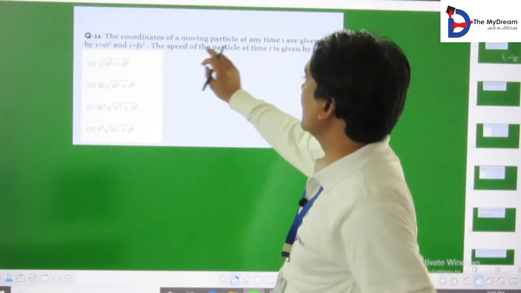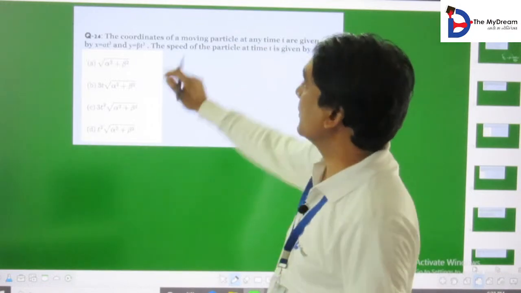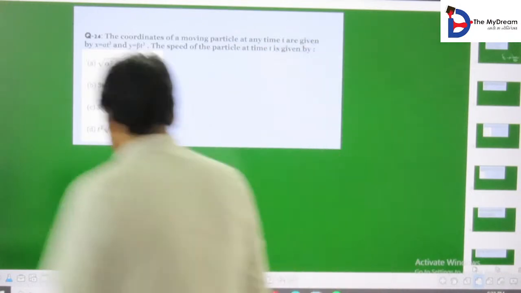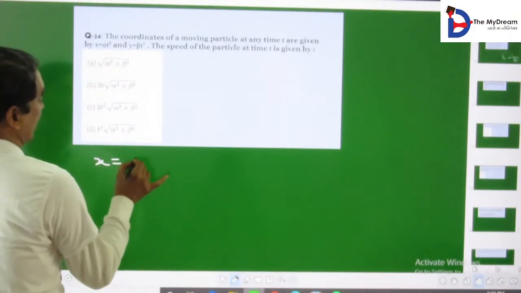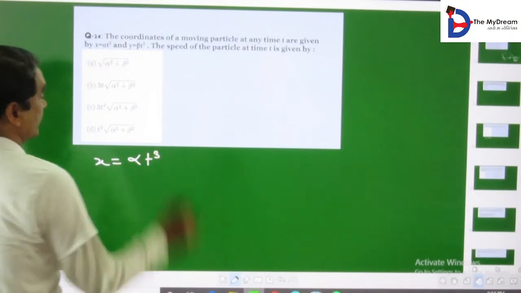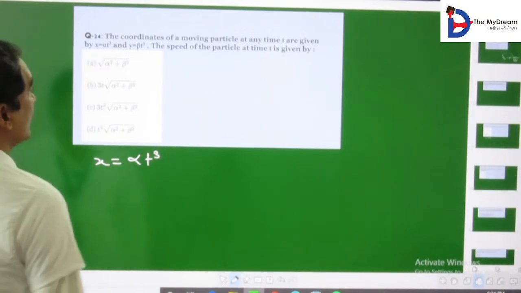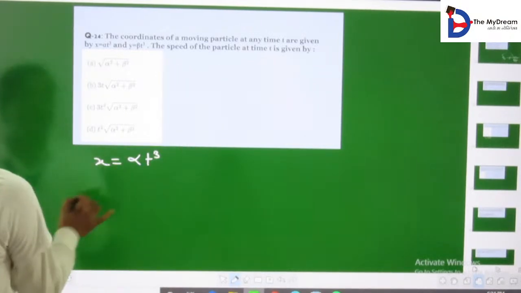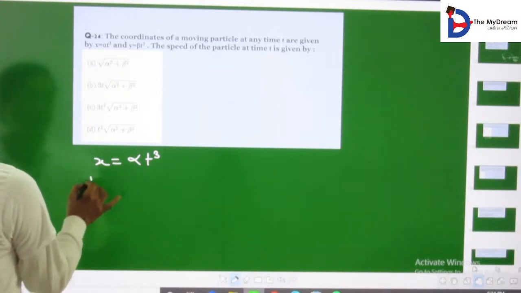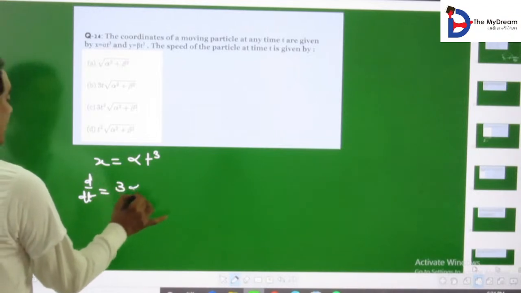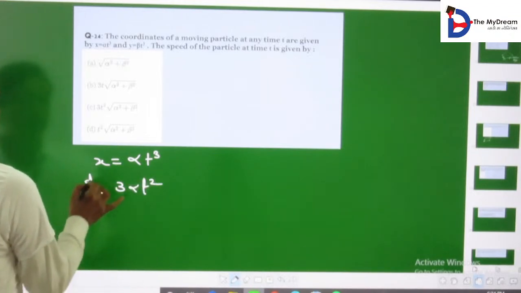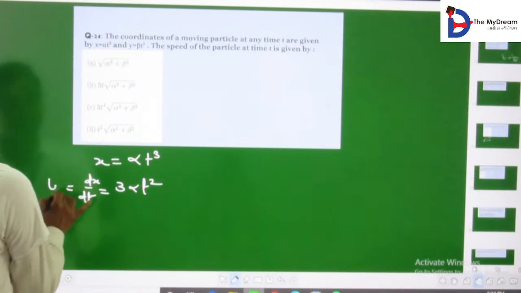The coordinates of a moving particle at any time t are given by x equals alpha t cube. We want to discuss the speed. dx by dt is 3 alpha t square, that is ux.